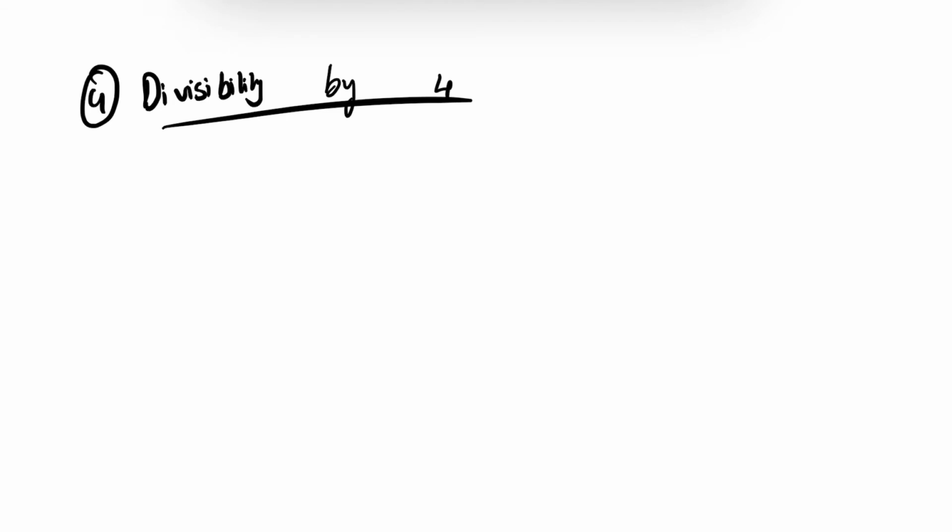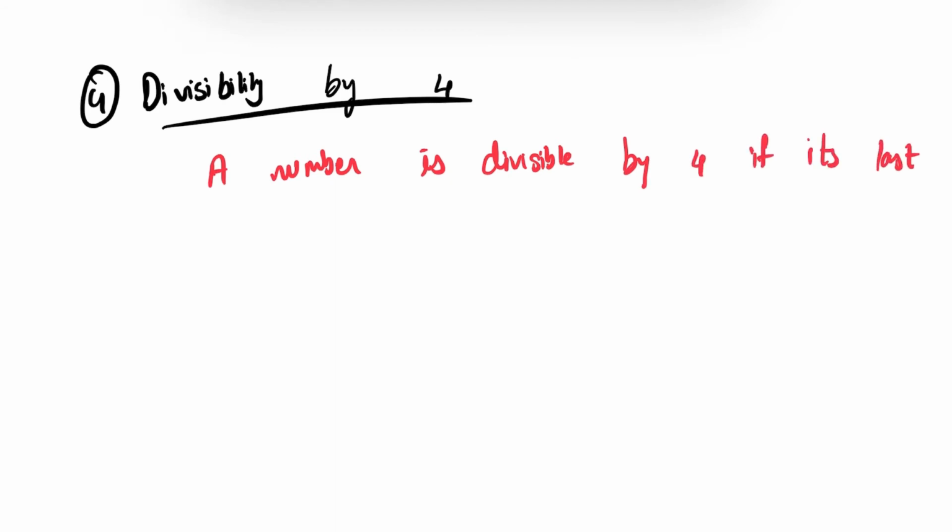Okay, so a number is divisible by 4 if its last two digits are divisible by 4.